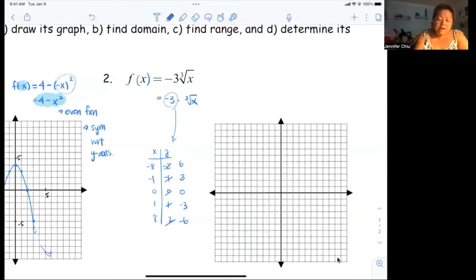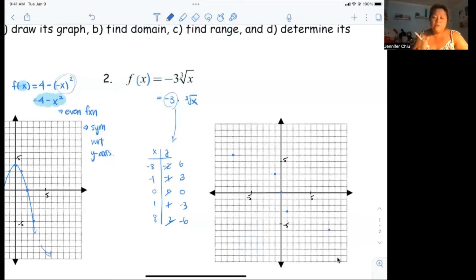Okay, now I can go ahead and graph this function out, right? So 1, 2, 3, 4, 5. I always put out my 5s so I can have my equation. Okay, all right, so negative 8, positive 6 is right here. Negative 1, positive 3, 0, 0, 1, negative 3, 8, negative 6.